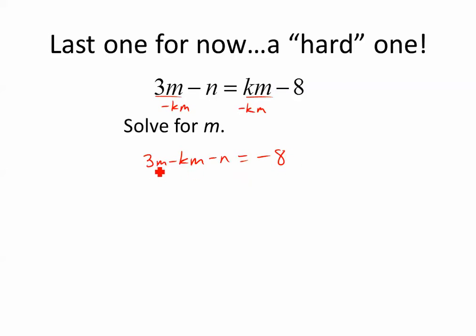Now, I really do only want the variables on this side, so I'm going to go ahead and add the n. Right? Now, here's the tricky part, which isn't really tricky, but it is the first time that you see it. I've got 2 m's here. How do I get those m's by themselves? I want 1 m.